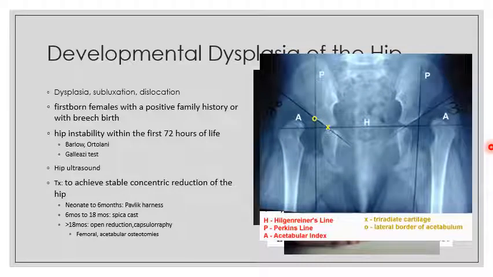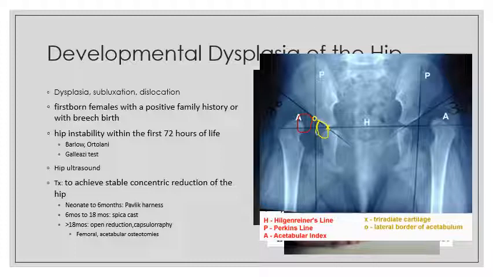So on x-rays in older patients, particularly more than 4 months of age, you can ask for x-rays and you can plot these lines to check. Usually the femoral head is around this area. If we plot this line, the femoral head should be around this acetabulum.